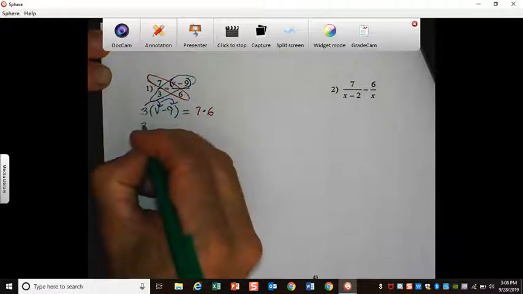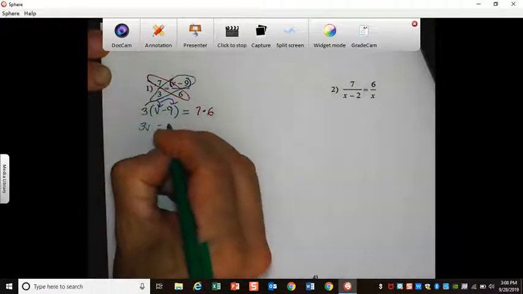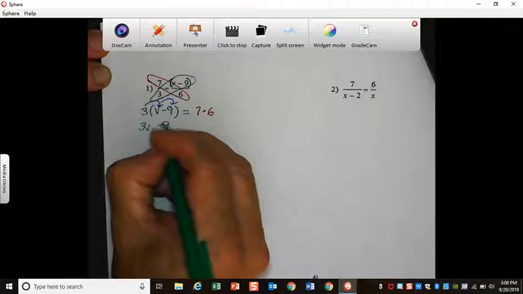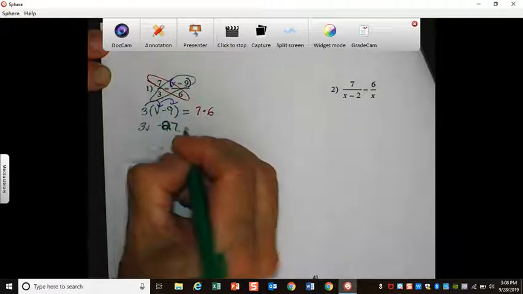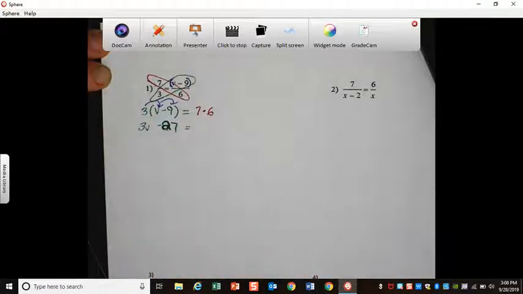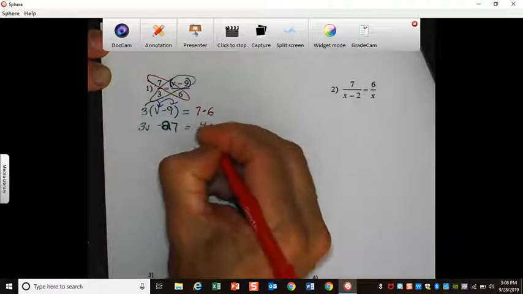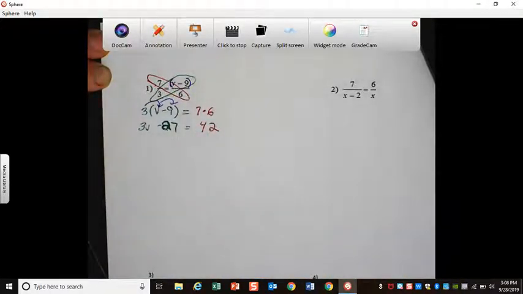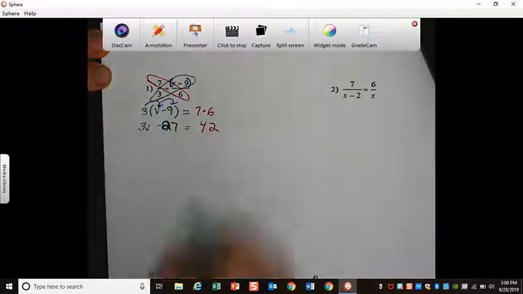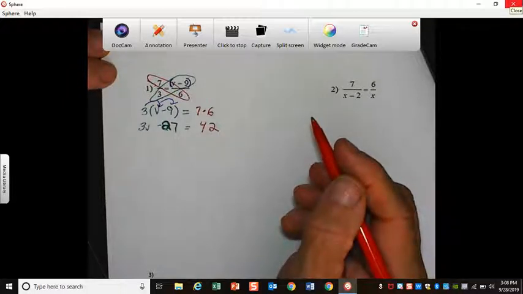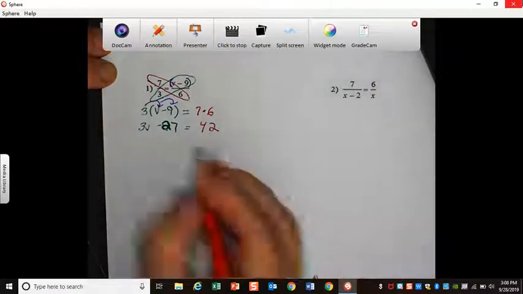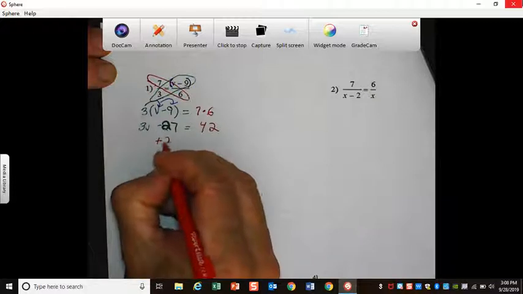I'm going to get 3v minus 9 times 3, minus 27, equals, and then 7 times 6 is 42. Now, I'm going to get the variables on one side and the constants on the other.